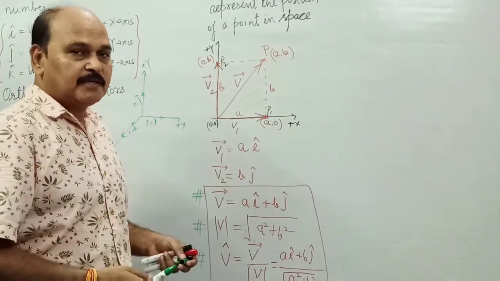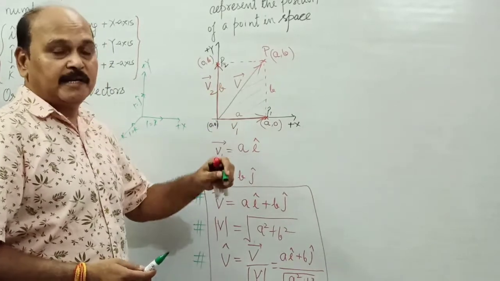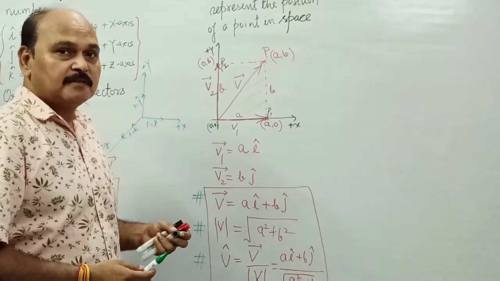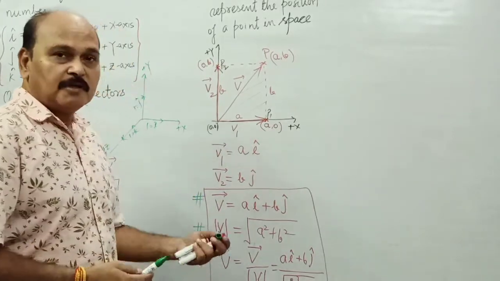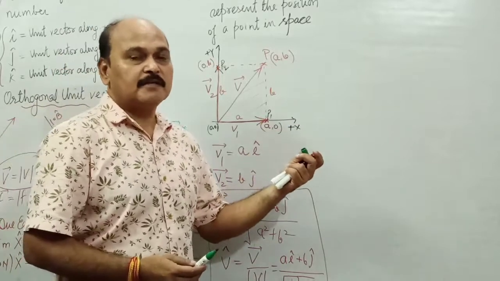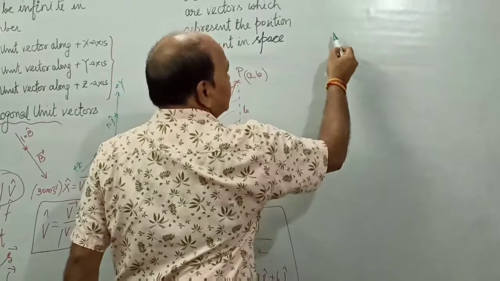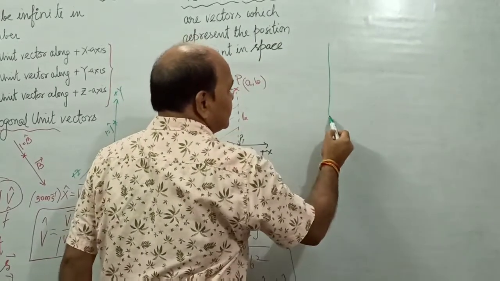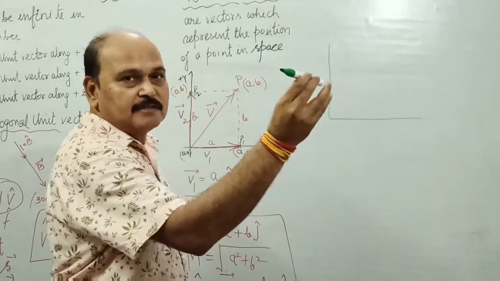If we have a space vector, that is, the vector is not in a plane, if it is in space, then what is its position vector, what is its magnitude, and what is the unit vector along it? That is what I am going to work out. So this happens to be your y-axis, this happens to be your x-axis, and this happens to be your z-axis.